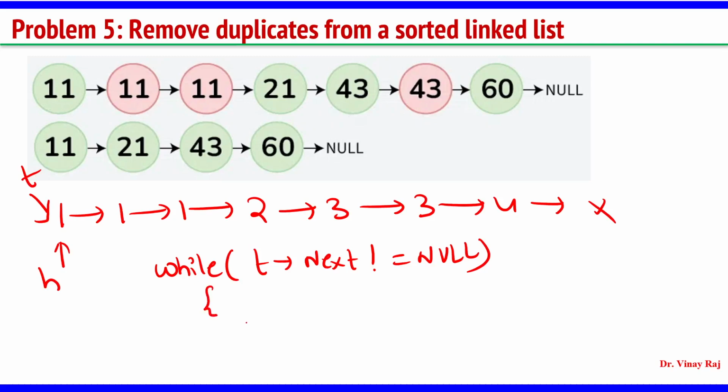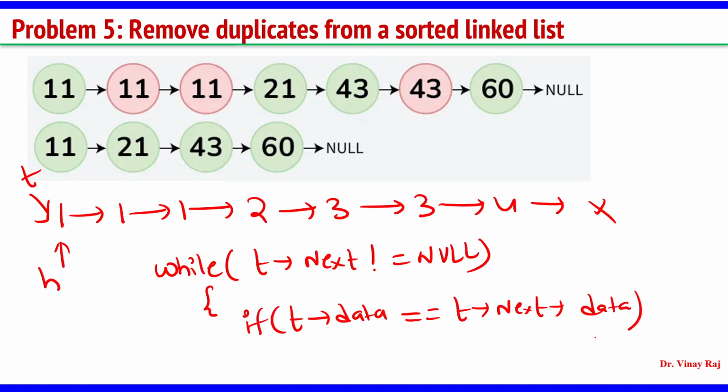What do I have to do here? If T data is equal to T next data, see, T is here and this is T next. This is my T data, this is my T next data.